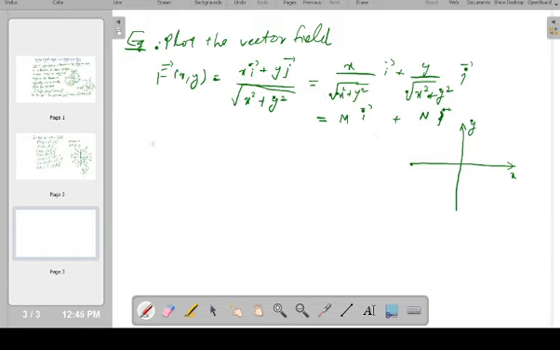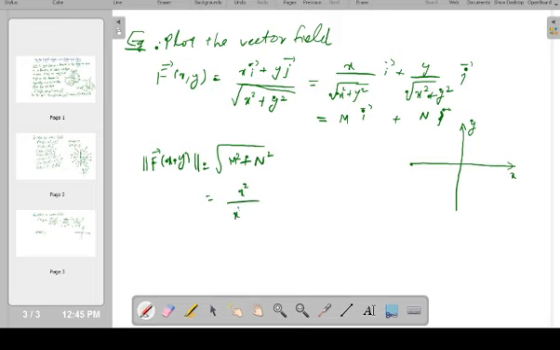And what is the modulus or absolute value of this vector field f of x comma y? The absolute value of f is square root of m square plus n square, right? So what is m square? It is x square by x square plus y square, plus what is n square?